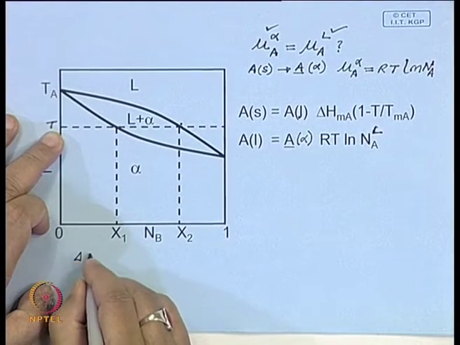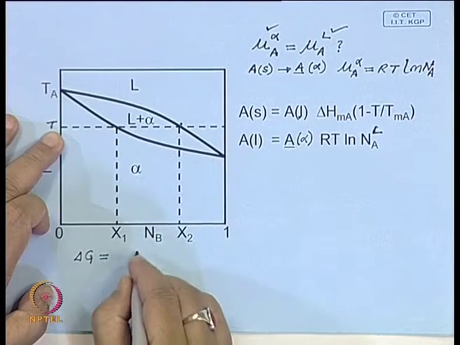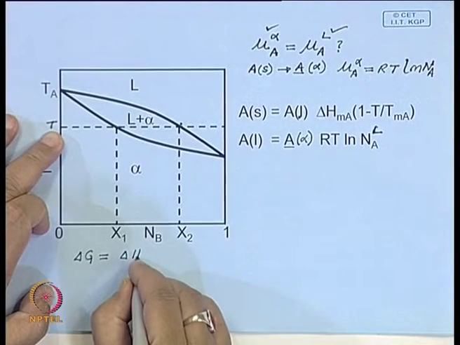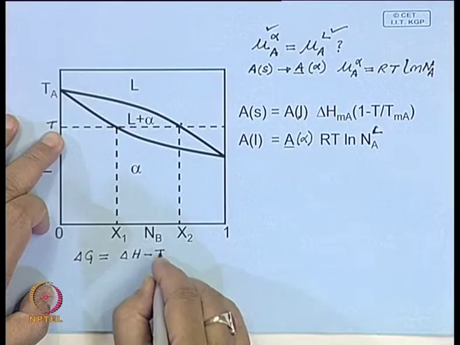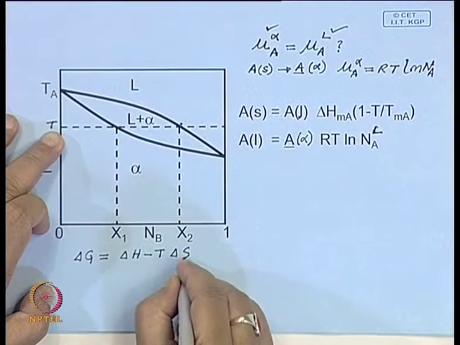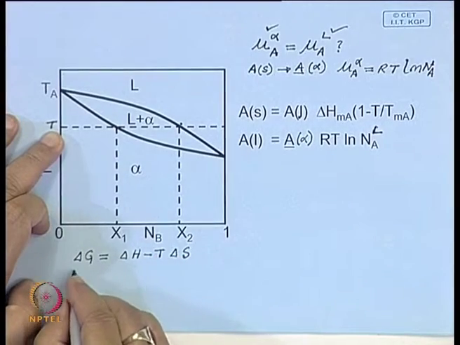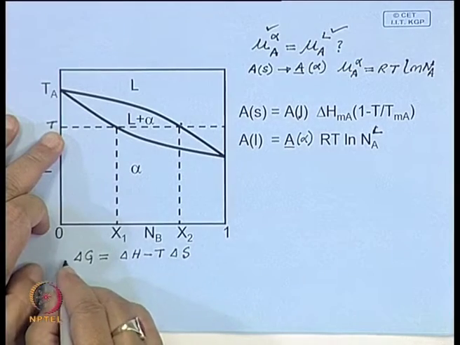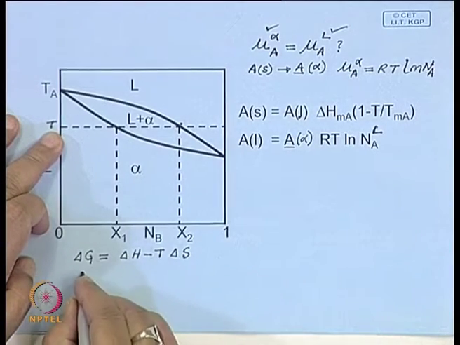We know that free energy is made up of two components: delta H, enthalpy, minus T delta S. At the melting point of pure A, this is 0.